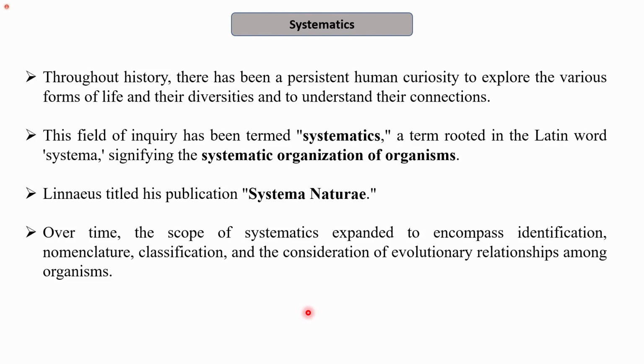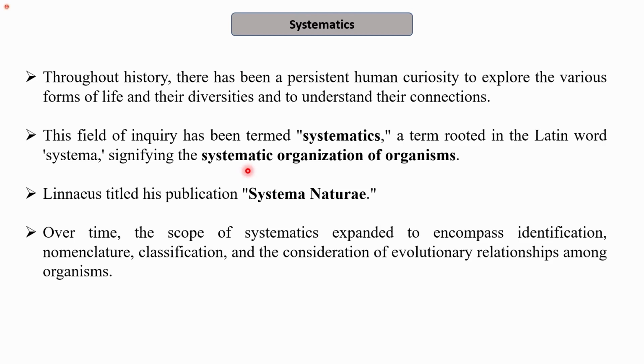So this field of inquiry has been named systematics. Systematics is derived from the Latin word systema, which signifies the systematic organization of organisms. So the name itself suggests that systematics means a systematic study of something.